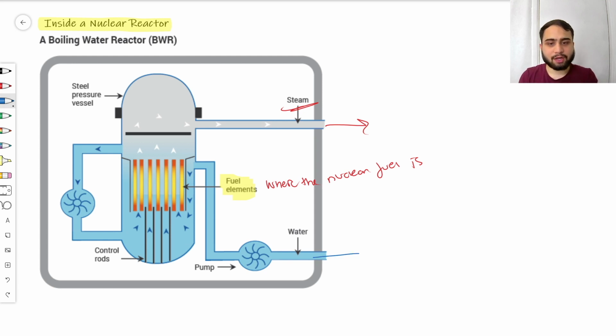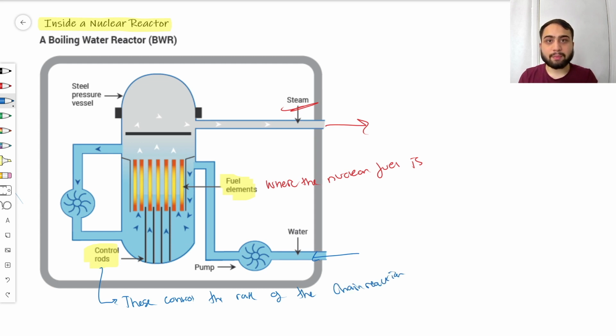So let's work our way through the entire workings of a nuclear reactor. Here we have water entering into the vessel itself. Now, here where the fuel elements are, that's where the nuclear fuel resides. And then we have something special called control rods. These control rods are very special because they control the rate of the chain reaction.